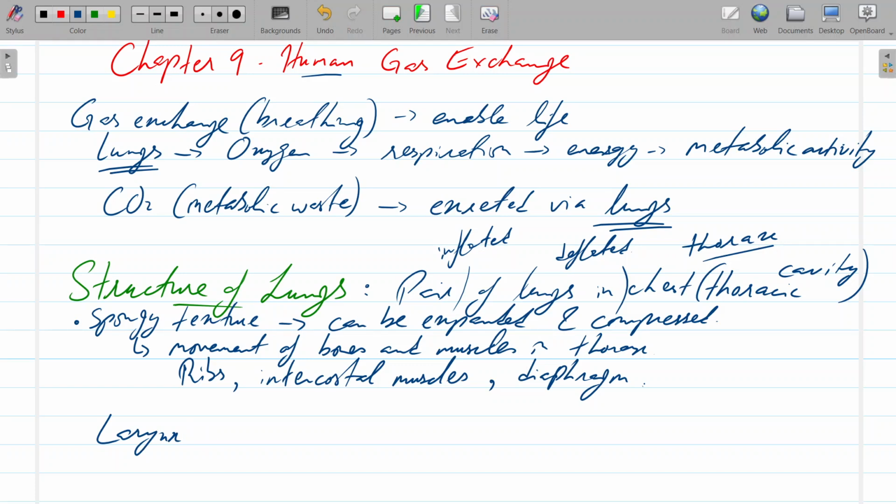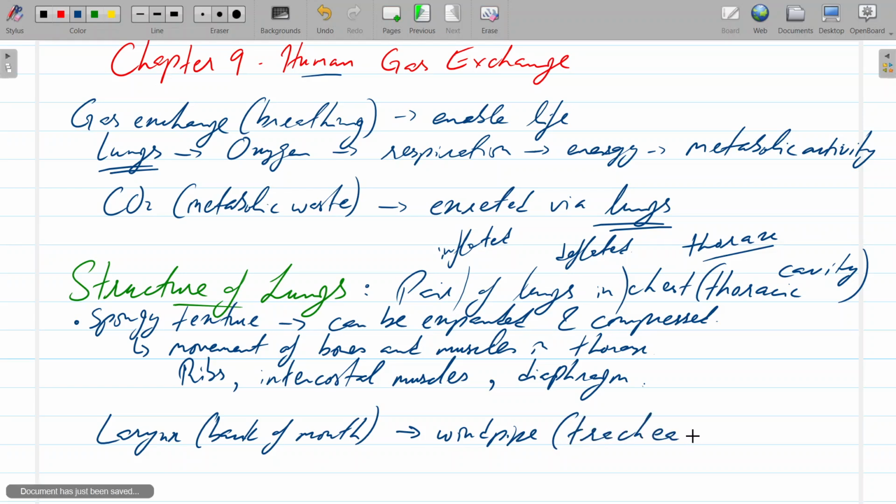This is found at the back of the mouth. And then this leads down to our main air passage, also known as the windpipe, which is called the trachea.